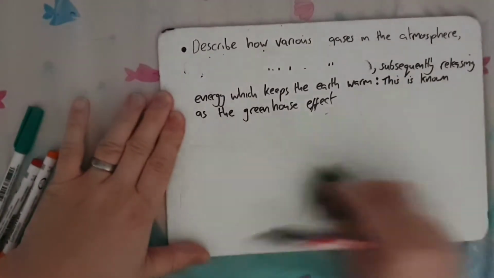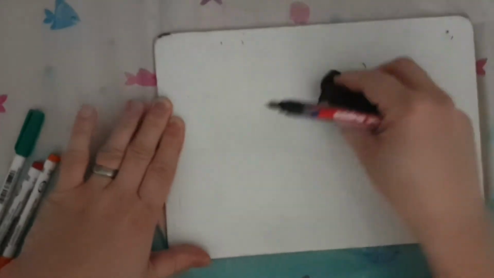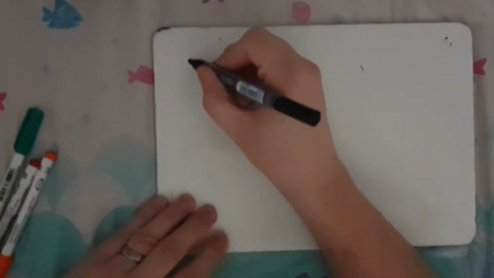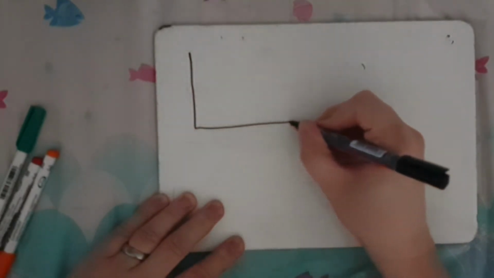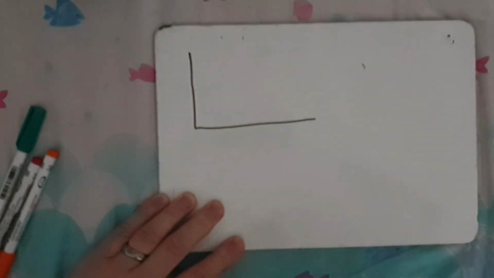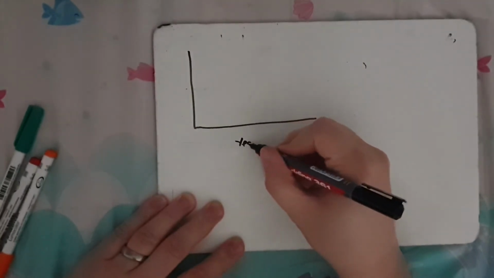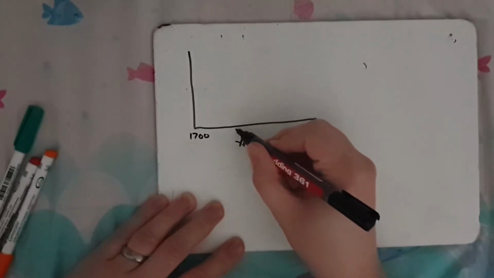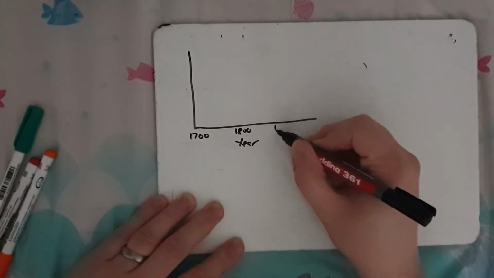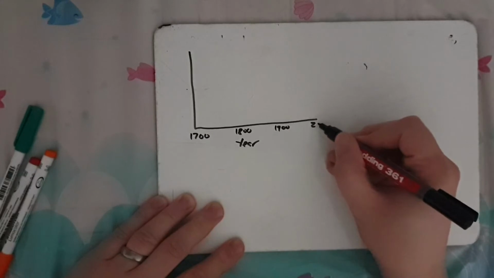Let's move this one out of the way. So, if I say show you a graph, draw a graph. Beautiful, accurate scales here. This one's going to be the year along the bottom, and I'm going to say this is 1700, and then we'll have 1800, 1900, and then the year 2000.